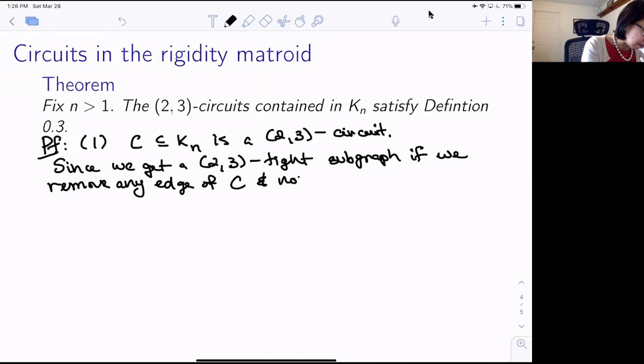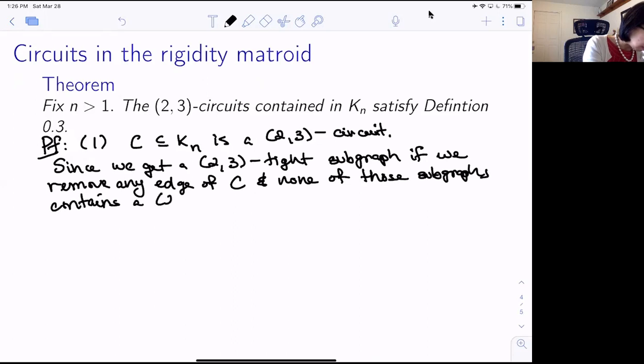And none of those subgraphs contains a 2-3 circuit because they're 2-3 tight. We see that 1 is satisfied, right? You can't strictly contain a 2-3 circuit inside of another 2-3 circuit.